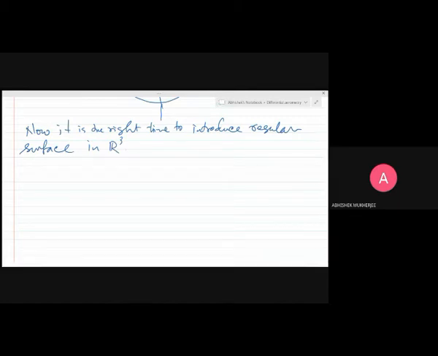In differential geometry, we need to have a platform. So why does one need a regular surface? Because to speak of differentiability on surfaces, right?